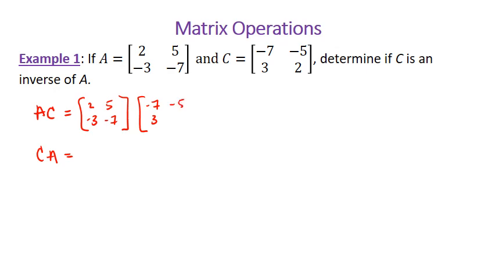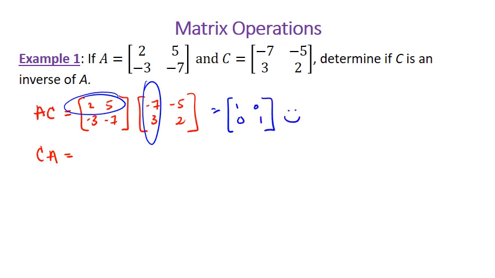So when I set this up, I have the following. And in the previous section, we dealt with multiplying matrices. So remember, it's rows times columns. And when you multiply this out from your experience in the previous section, you do, in fact, get the identity matrix here.